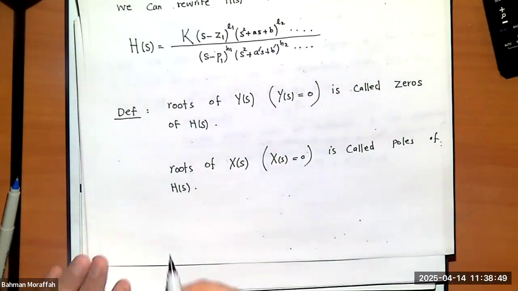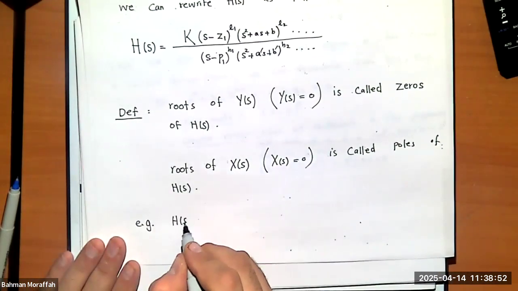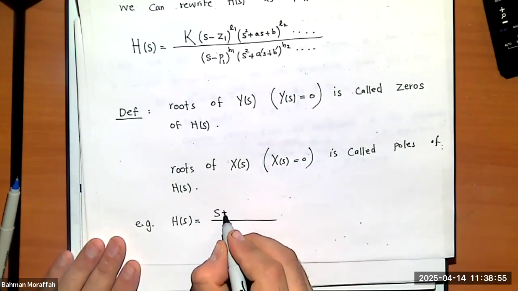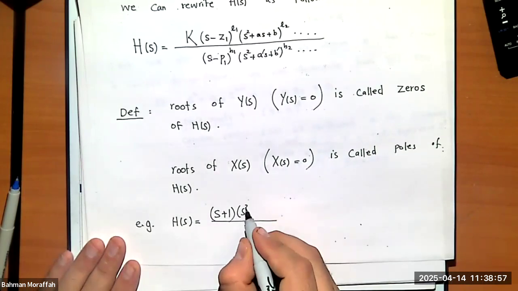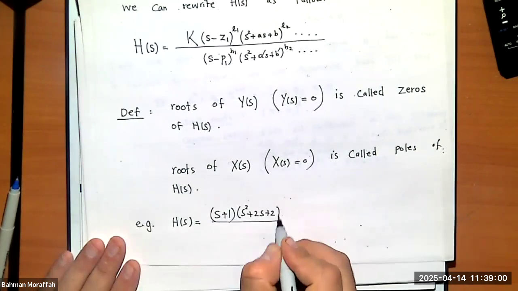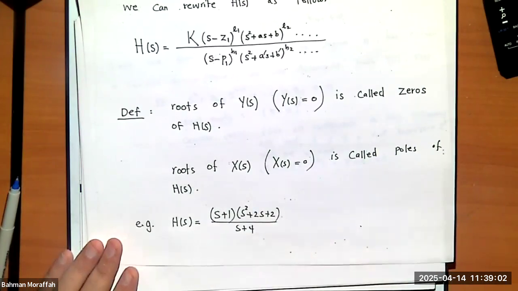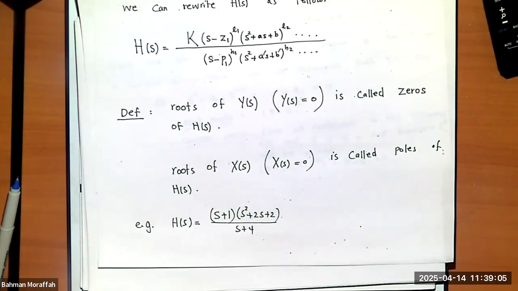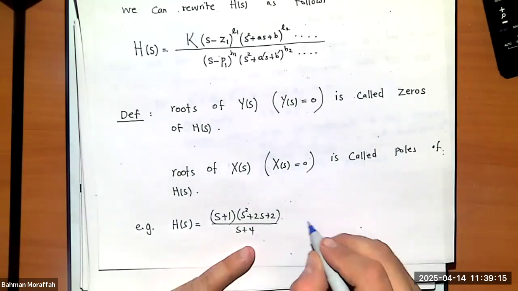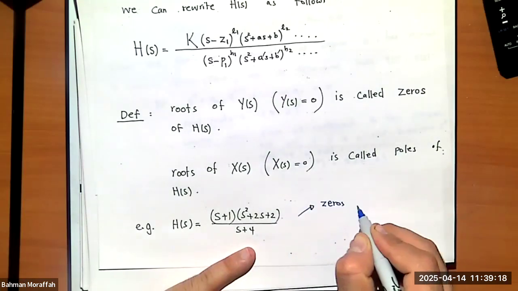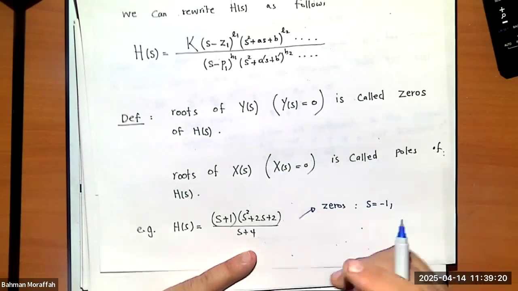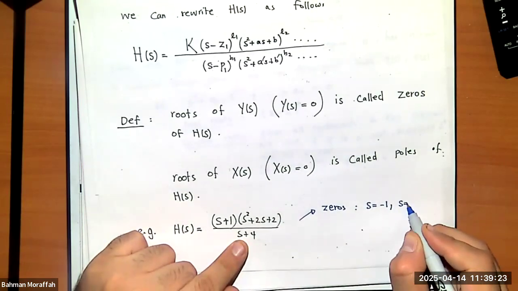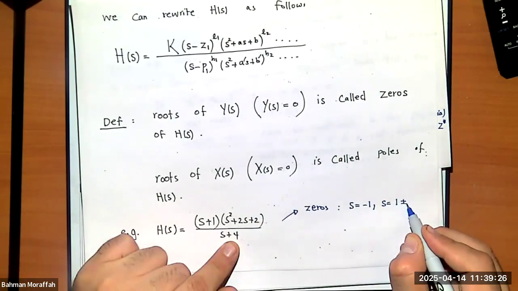Right? For example, let's just say I have h of s that is decomposed to s plus 1 times s squared plus 2s plus 2 divided by s plus 4. Something like this. Right? My zeros are the roots of the numerator. So zeros equal negative 1, and negative 1 plus or minus i.